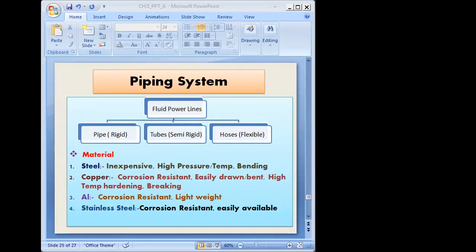Then aluminum is another material which is used in many pipes and tubing purposes. Aluminum has many of the characteristics and qualities which are required for fluid power lines. It has high resistance to corrosion, and it can be easily drawn to bend.